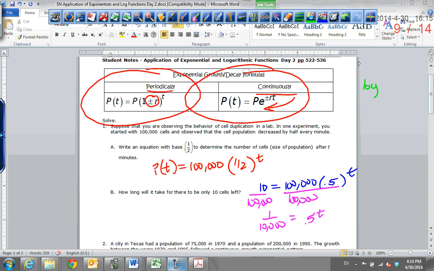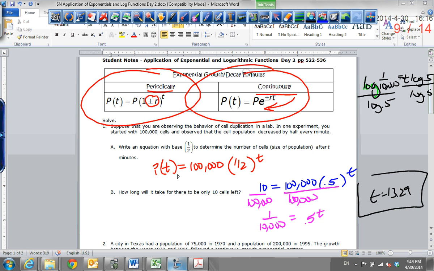So I have log of 1 over 10,000 equals t times log of 0.5, and we divide both sides by log of 0.5. So we do that in our calculator: log of 1 over 10,000 divided by log of 0.5. And we get our time is 13.2, we'll say 14 minutes.